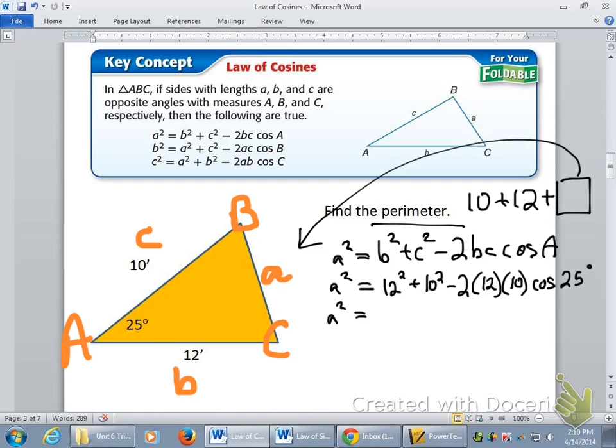Of course, I've got those exponents. 12 squared is 144. Plus 10 squared, which is 100. Now, I already took care of my squares, so I'm going to do two steps in one. I'm going to multiply 2 and 12 and 10. So that gives me minus 240 cosine 25.